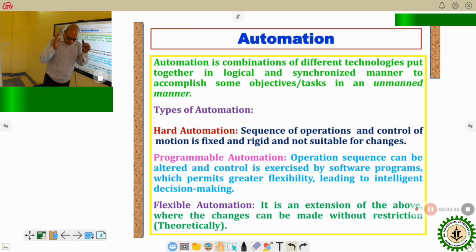For high production or quantity production machines, there was automation using limit switches, camshafts and clutches, but these are rigid and inflexible because a particular cam profile will yield only a definite type of motion. If our objective is to go for any changes or modification, the system will not permit it.